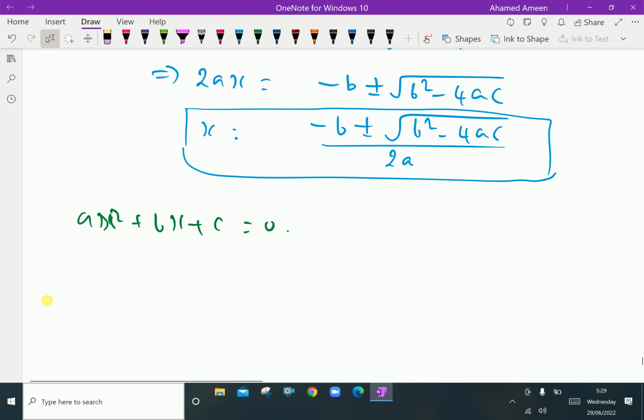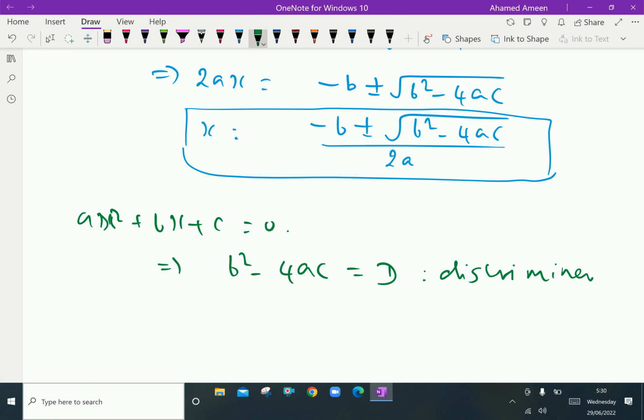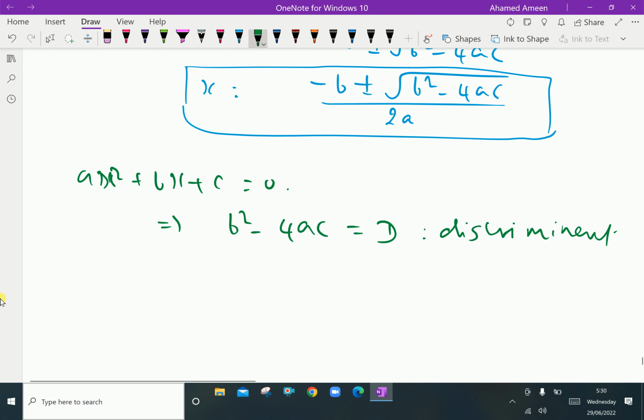Here the expression b square minus 4ac, equal to D, is called the discriminant of this equation.